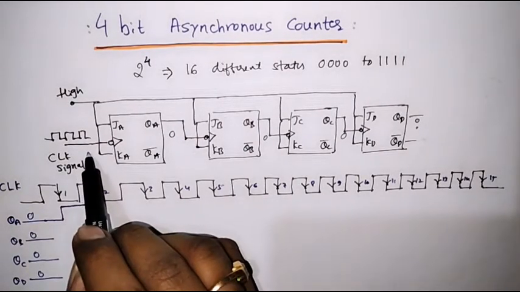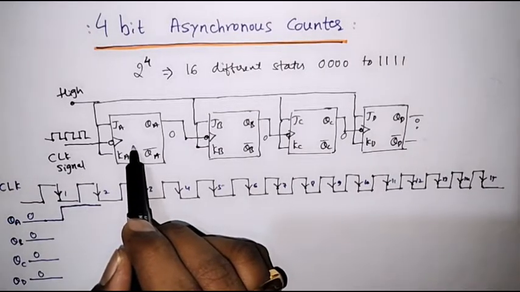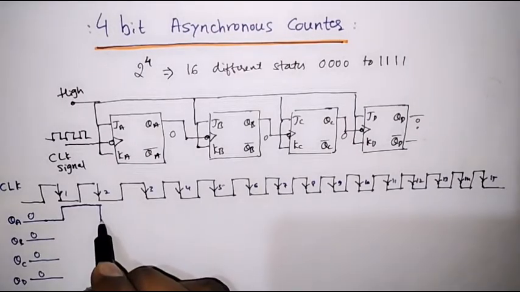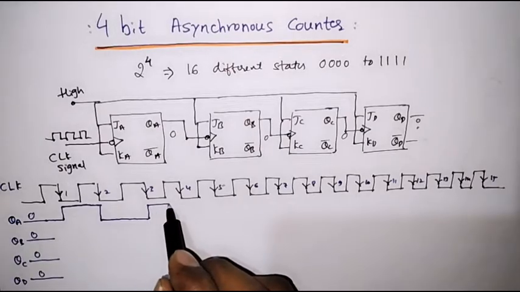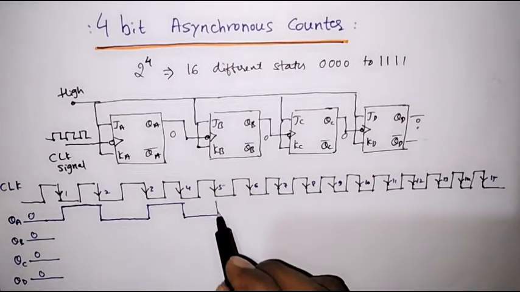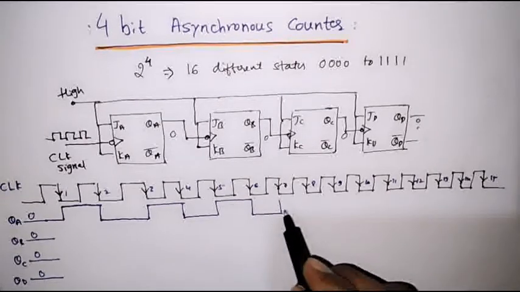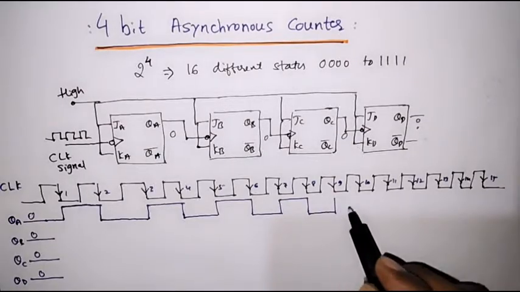When the next clock pulse hits the first flip-flop, again it will toggle, it will go 0, and this process will continue for each falling edge of the clock signal. The output of the first flip-flop keeps on toggling, as I'm showing here. At each clock pulse it is toggling.